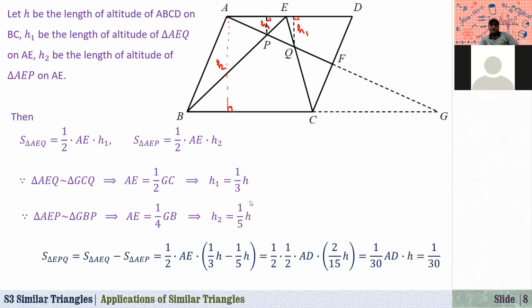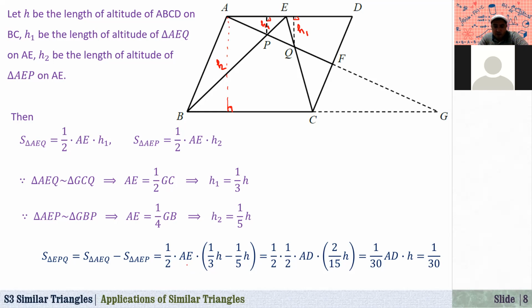So now if we just substitute there, what is the area of EPQ? That's equal to the area of AEQ minus the area of AEP. The area of AEQ is equal to 1 over 2 times AE times 1 over 3 H. The area of AEP is 1 over 2 times AE times 1 over 5 H. Since 1 over 2 AE is a common factor, we just keep this outside the parentheses.